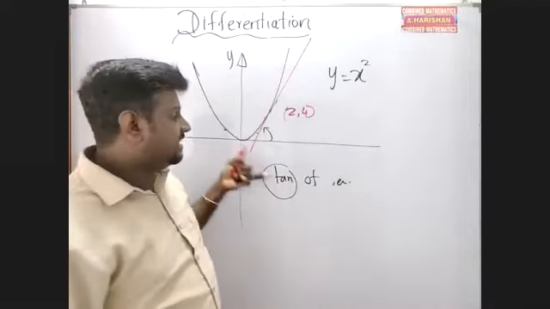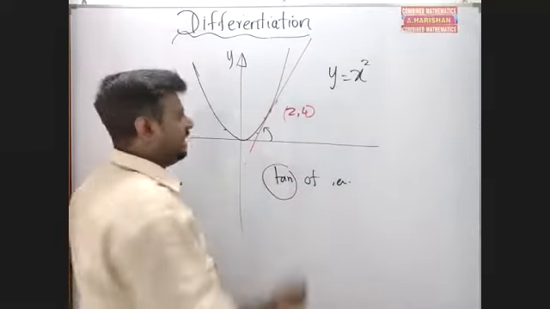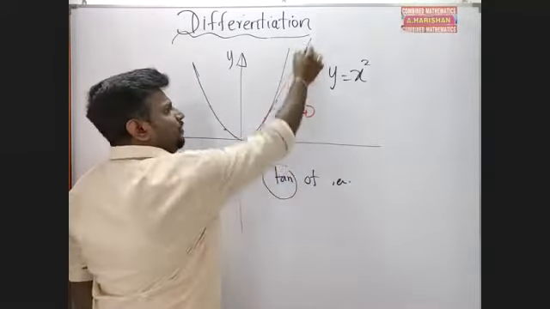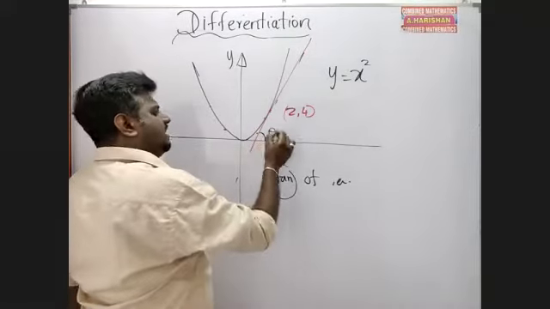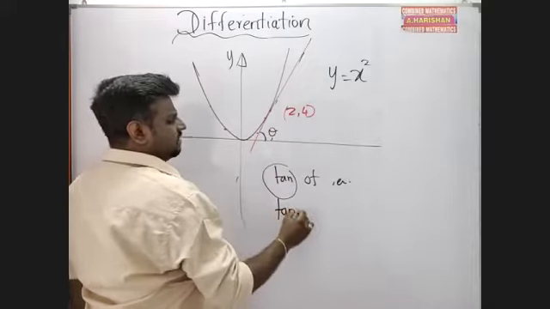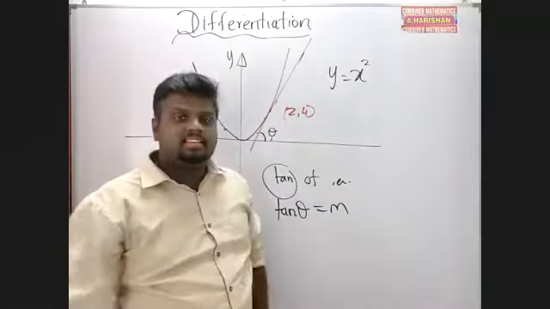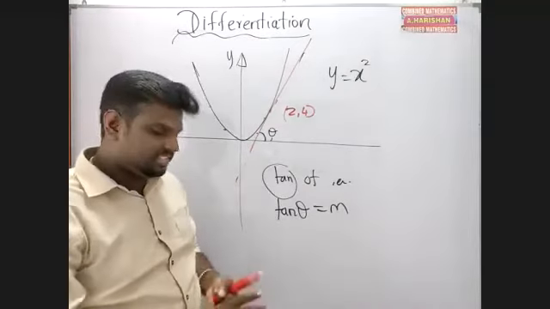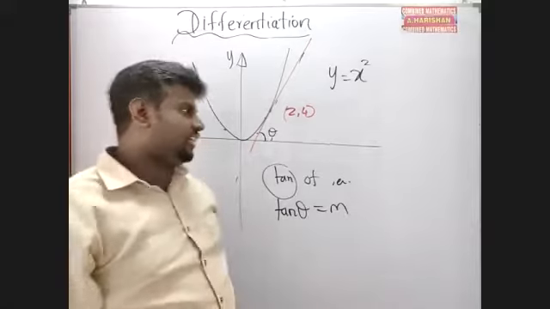For example, if I want to find the gradient of this red line, I need to find this angle theta and take the tan. So tan theta is the gradient. We know that already.